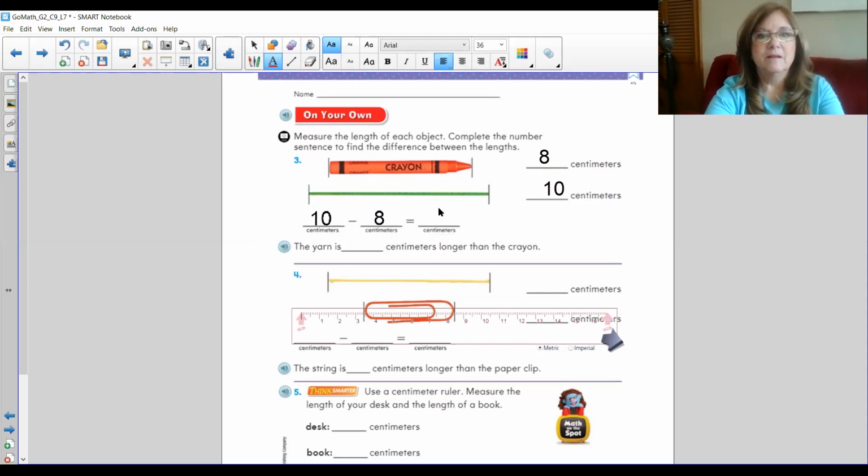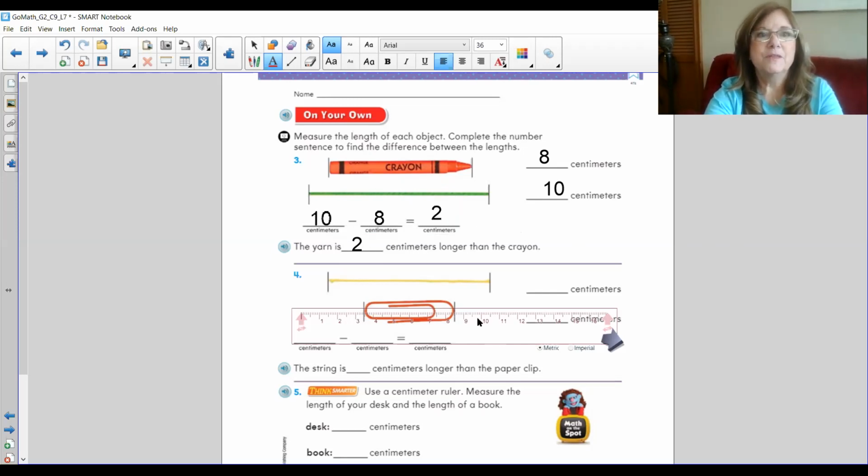So 10 minus 8. And what is 10 minus 8? It is 2. Okay, so the yarn, or string and yarn, sort of the same thing, is 2 centimeters longer than the crayon. So not very much longer, but just a little bit.